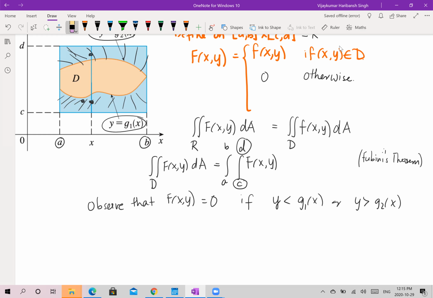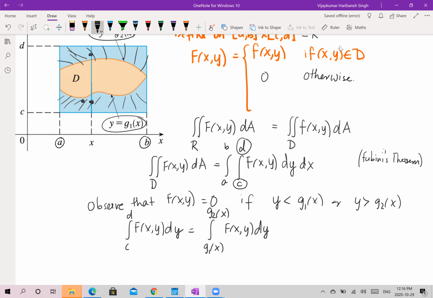Secondly, when I wrote the iterated integral, I should not write dA, I should write dx dy or dy dx, depending on which one is integrated first. We are integrating y first, so I should write dy dx. All right. So now I can write this integral from C to D of f of xy dy. Now note that this is a function of x, so depending on what x is, it will change. So this will become the integral from g1 of x to g2 of x of f of xy dy.